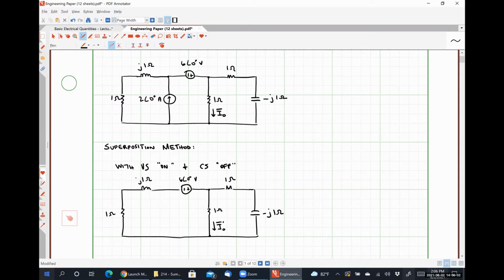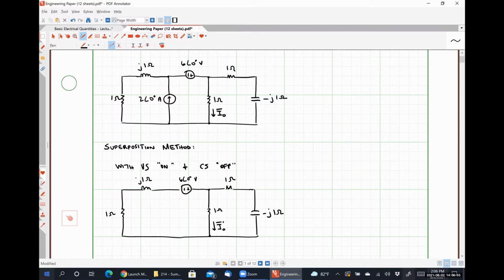I have something in mind that will involve rearranging the circuit slightly and then applying voltage division and then Ohm's law to get a result. But did anybody else have any suggestions on how we might approach this?